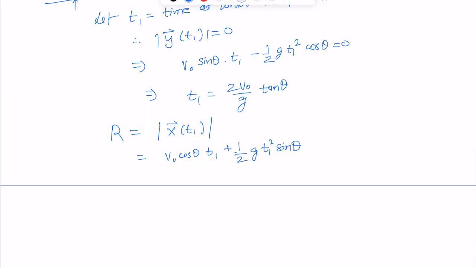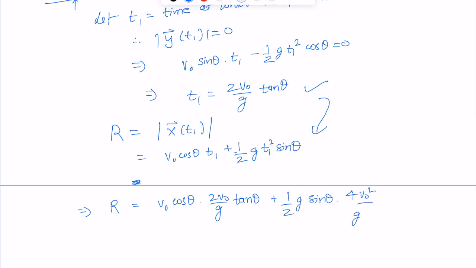We can substitute the value of t1 into this, so we get r equals v naught cos theta times 2 v naught by g tan theta plus half g sine theta times t1 square, which is 4 v naught square by g square tan square theta.